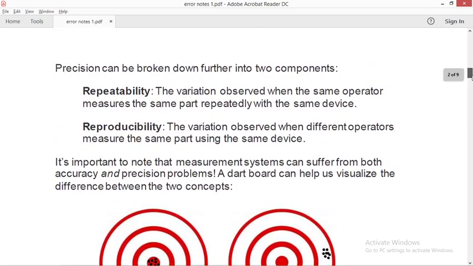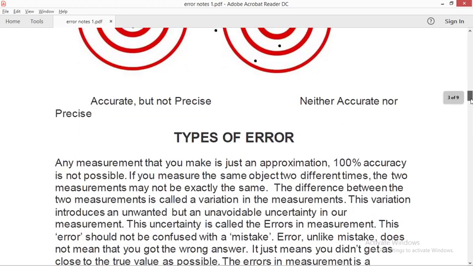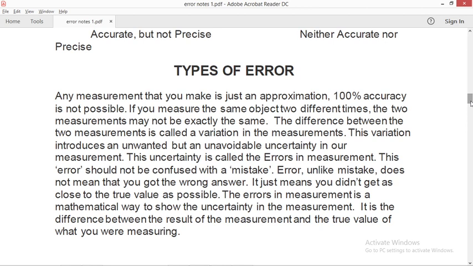Then we were talking about precision. Alright, repeatability and reproducibility, again just for understanding. Then we were into types of error. Over here we have the definition of error as well.